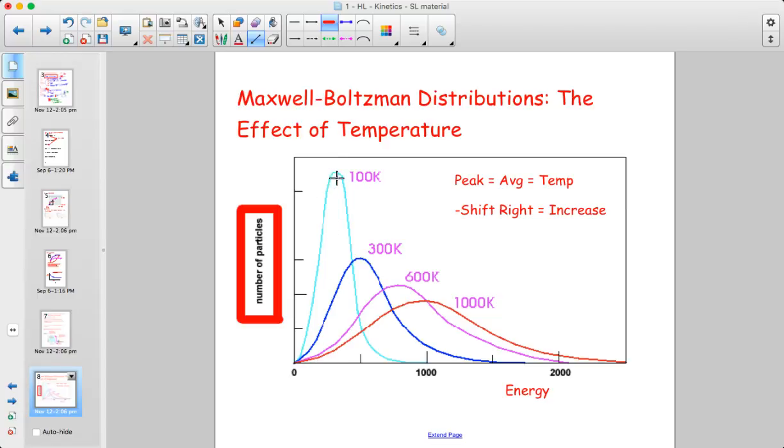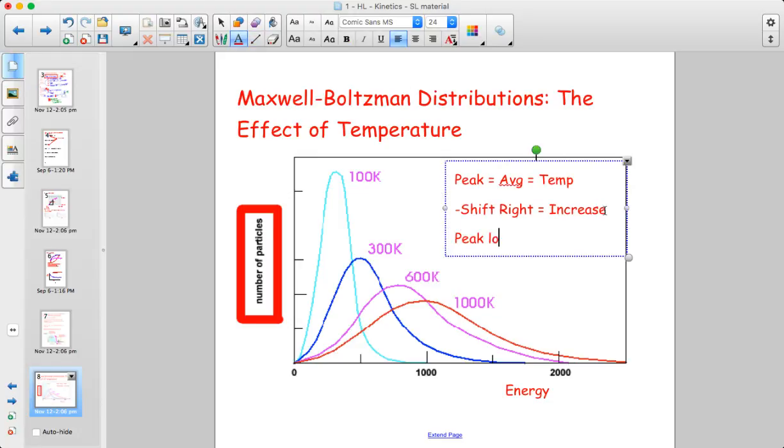But it becomes a very tall peak because a lot of particles are moving at that now smaller range of speeds. And the total area under that curve is the same as the total area under the dark blue curve or the purple curve. So as we shift to the right, we see that the peak is shifting to the right, but we're also seeing that the peak is going down. So the peak lowers, keeping total area, which is number of particles, the same under the curve.